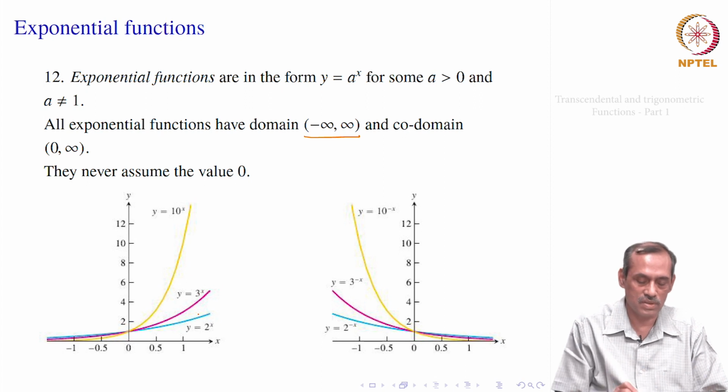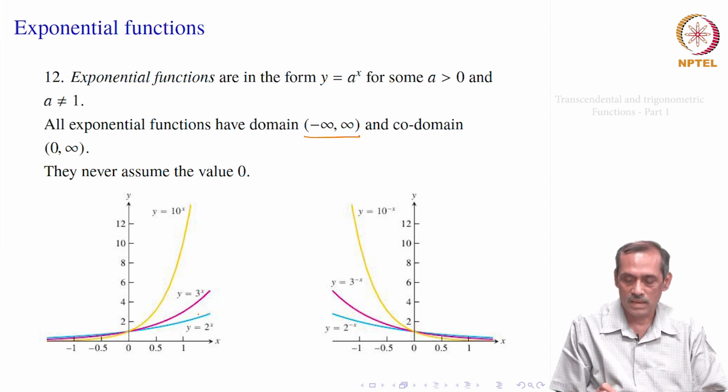And if you take its reciprocal, say 1 divided by a to the power x, that is, x now is replaced by minus x. So, say a equal to 10, you get y equal to 10 to the power minus x, which is on the second figure, the yellow one. Similarly, y equal to 3 to the power minus x gives your magenta one in the second figure, and y equal to 2 to the power minus x gives the blue one.